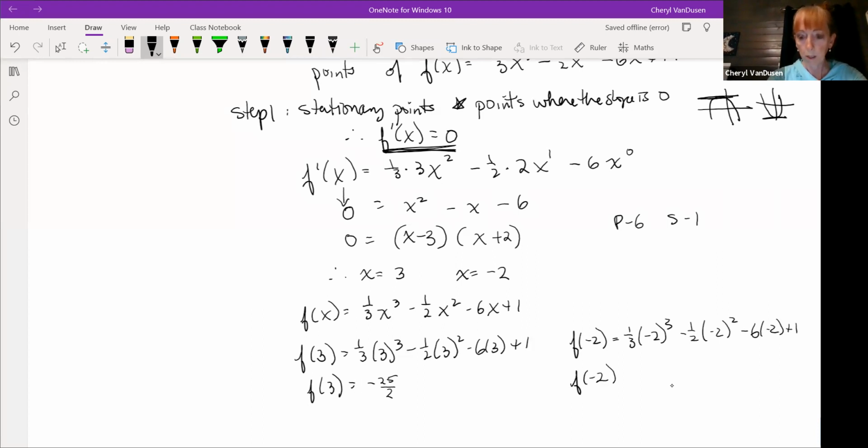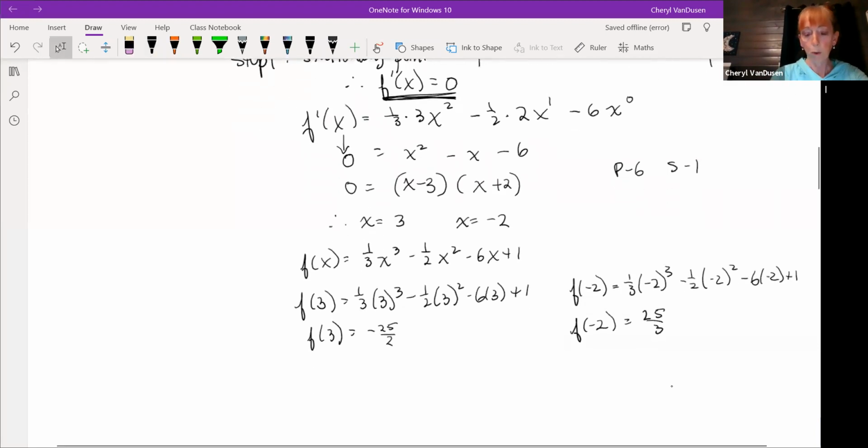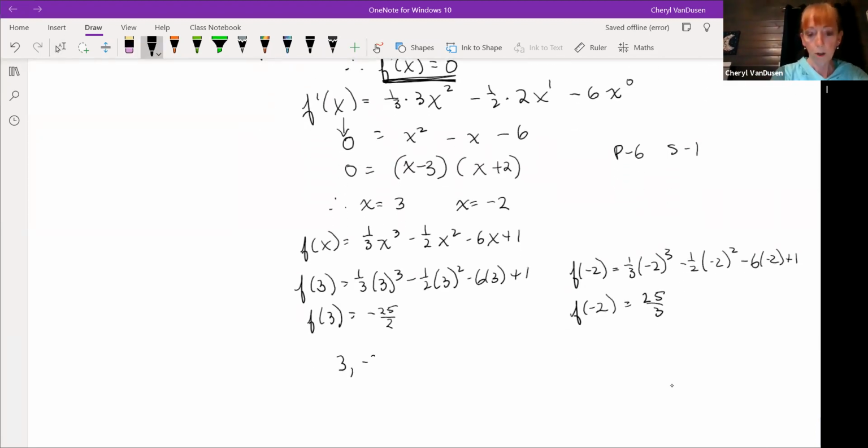Throw it in, shake up your calculator, and I think the answer comes out to be 25/3. Okay, so we have our 2 points. One point is 3 comma minus 25/2, and the second point is -2 and 25/3. Okay, so these are our stationary points.